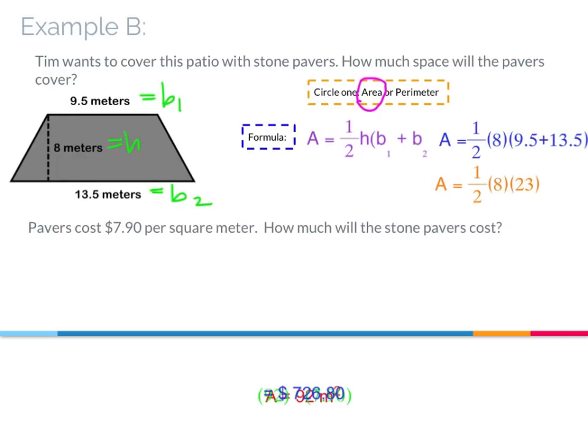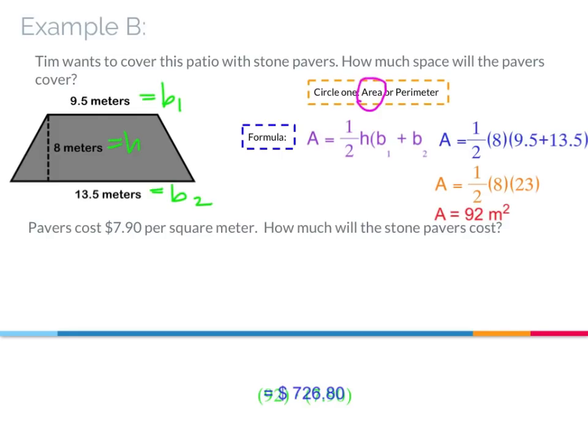When we multiply the three numbers together, we get A is equal to 92 meters squared. When you're finding area, it'll always be the unit squared. If this was in inches, it would be inches squared, or if it was in centimeters, it would be centimeters squared. In this case, since it was meters, our final answer became meters squared.